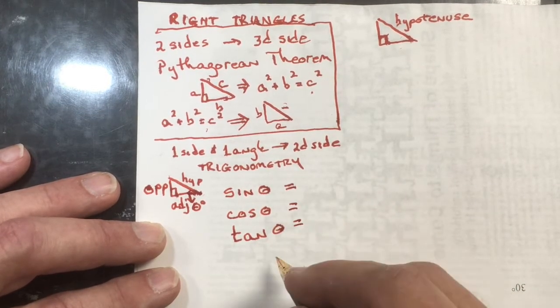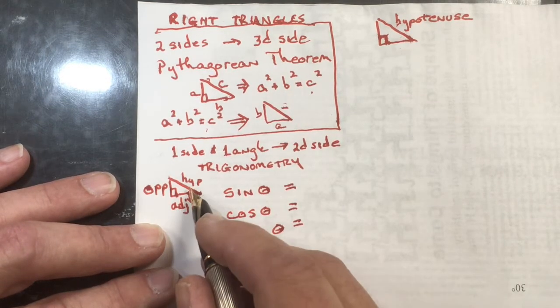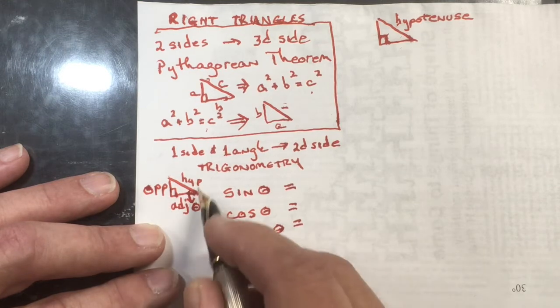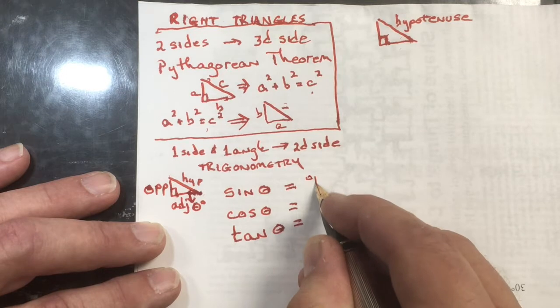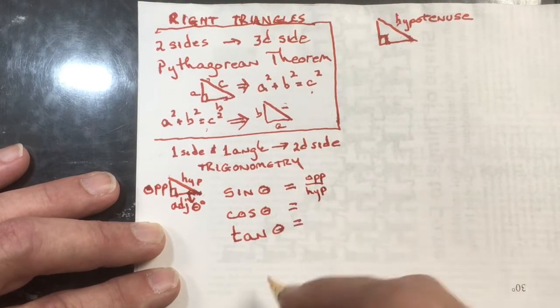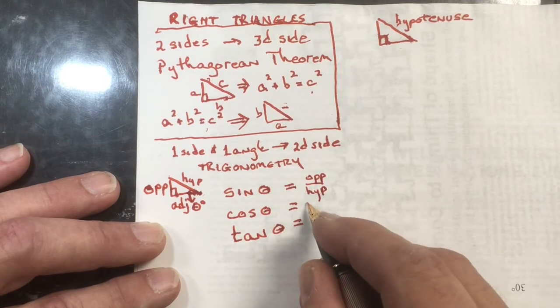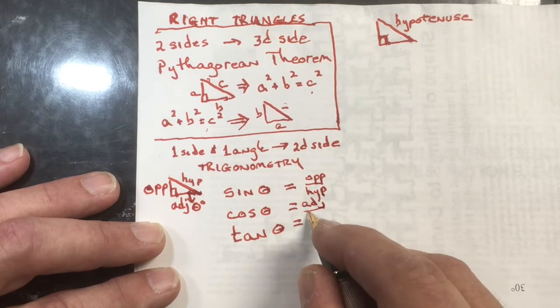It depends on what you have. Remember, I said I'm going to give you one side and ask you for another side. So you look at the two of them and you say, well, what two do I have? If you have the opposite and the hypotenuse, the answer is sine. If it's the adjacent and the hypotenuse, then it's cosine.